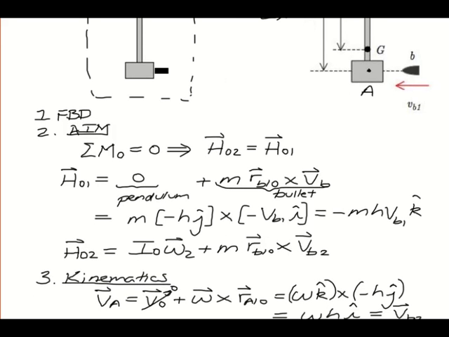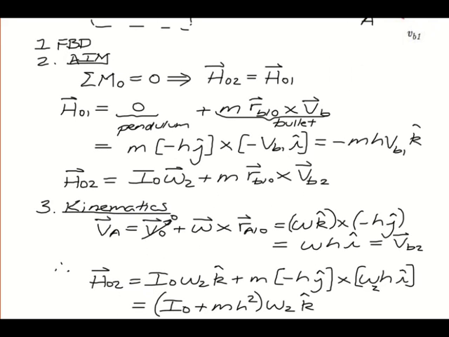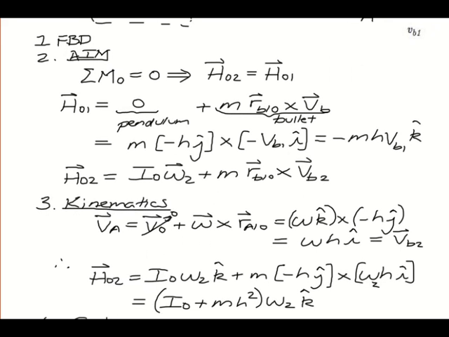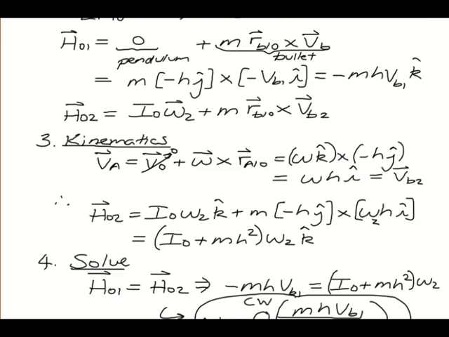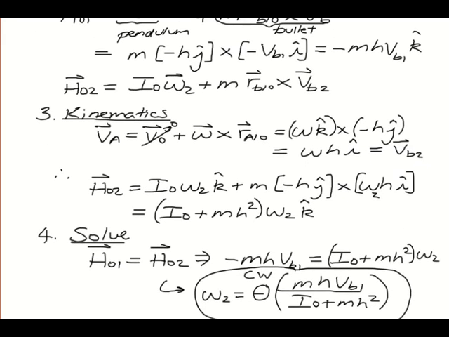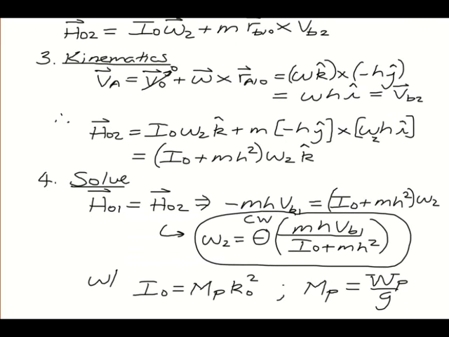After impact, we put in the angular momentum of the pendulum, which is IO omega 2, and then m r cross v for the bullet. We find out that the velocity of the bullet after impact is just omega h. We put all that together to find H2. We set H2 equal to H1, solve for omega 2, and then write that in terms of the mass moment of inertia IO for the pendulum.